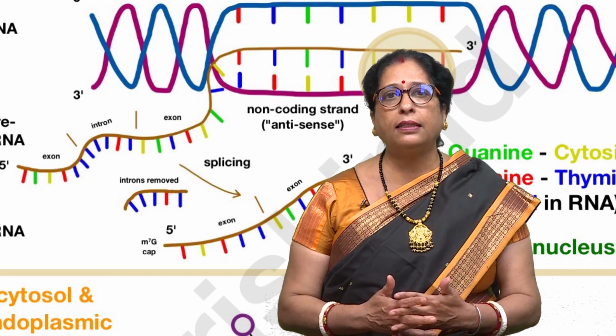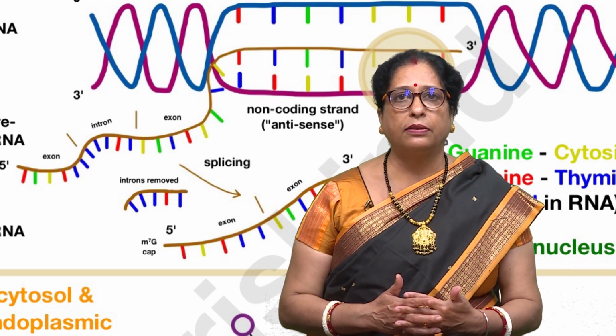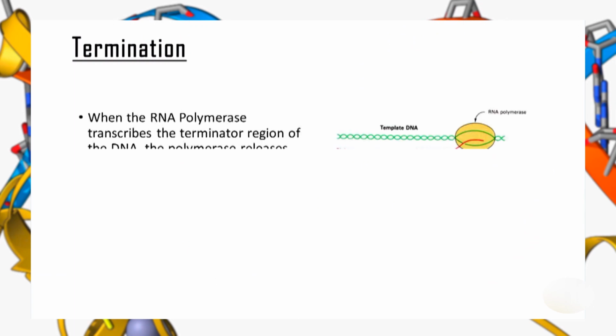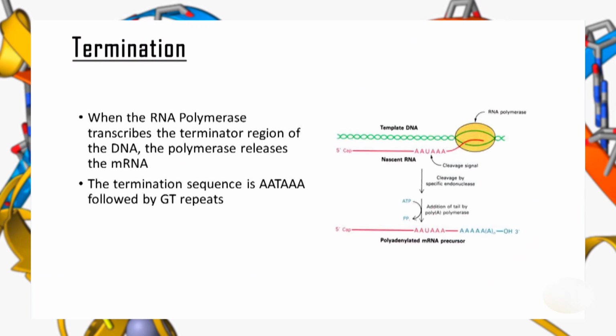Then next is the termination. When the RNA polymerase transcribes the terminator region of the DNA, the polymerase releases the mRNA. The termination sequence is AATAAA followed by GT repeats.